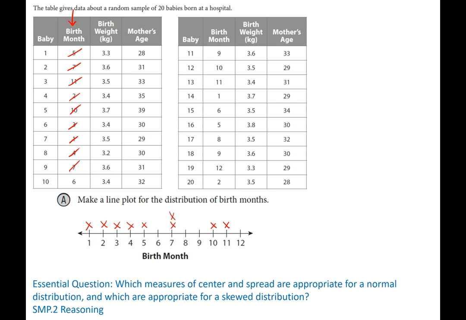So I just stack it and I continue: 6 and 9, 10. That was the next one. 11, 1, 6, and I'm going to stack it again. 5, 8, 9, 12, and 2. All right, so when we're finished, we have this picture of our data.